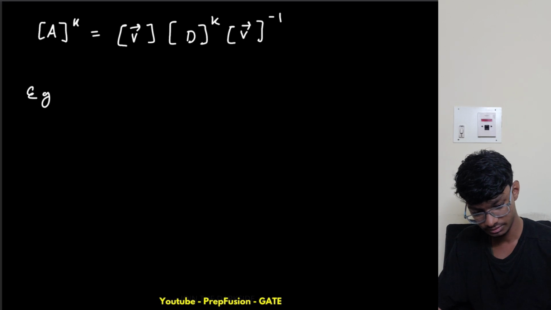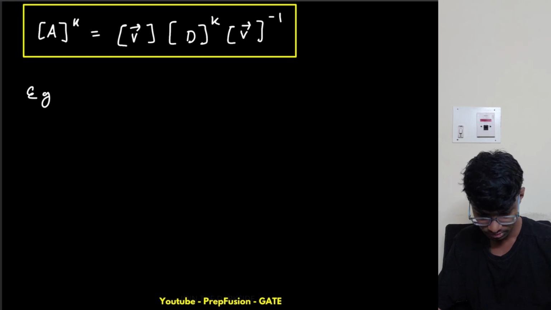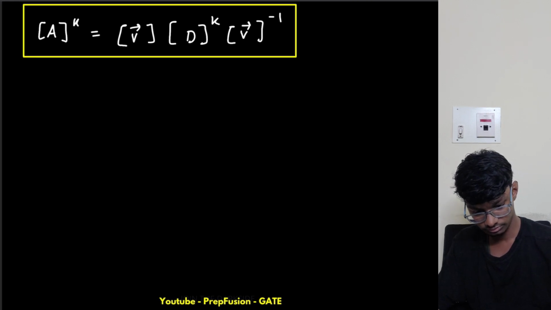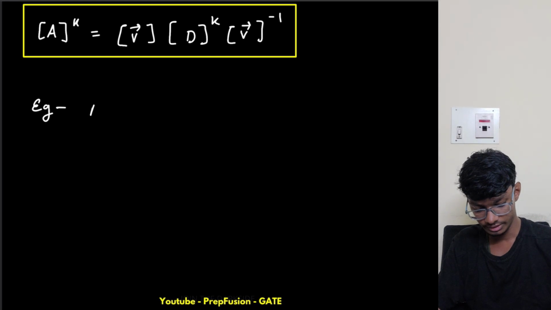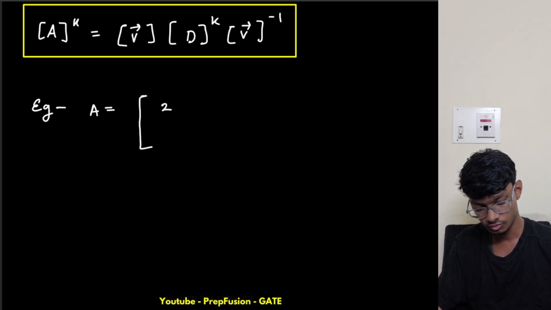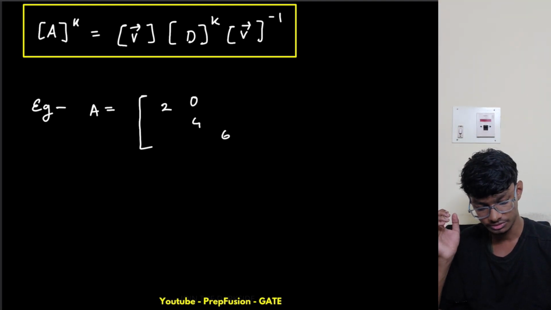This is the main property, so you have to remember this. Let's say I have a diagonal matrix A equal to 2, 4 and 6, a 3 cross 3 matrix, and other elements are 0.